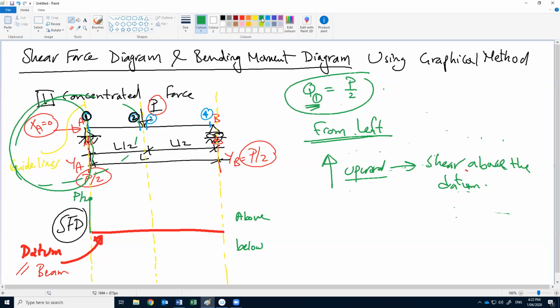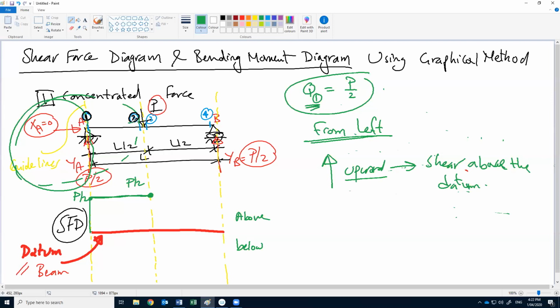No. So the shear should be similar, so the shear at 2 will be similar to 1. This means that if we don't have any forces, we have a straight line parallel to the datum because no forces are applied.